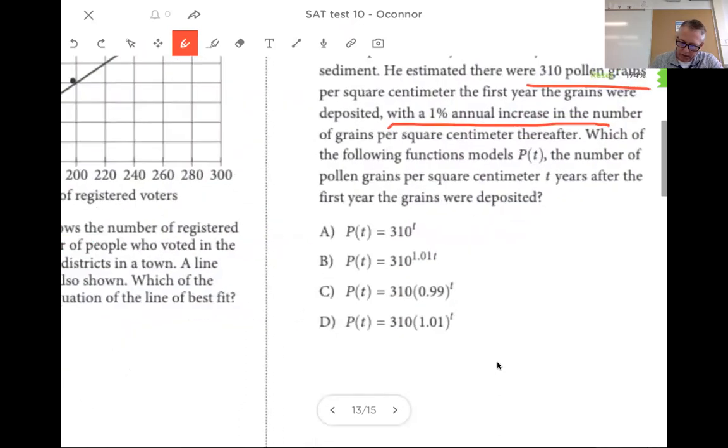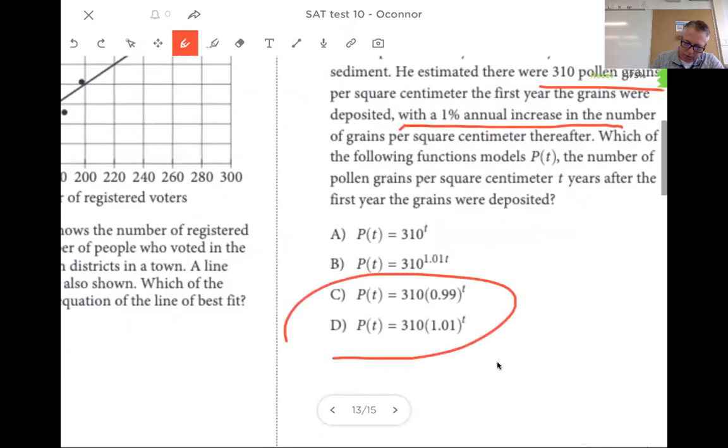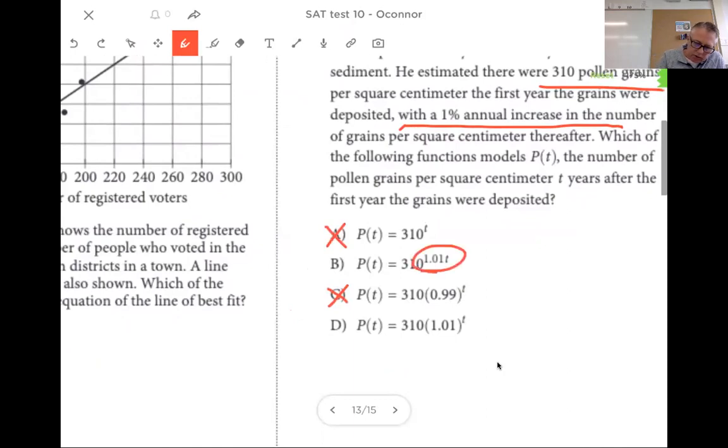If I'm looking at these 2 options, I can see that D appears as though it's going to increase, and C, because I'm multiplying by less than 1, is going to decrease. So I'm feeling C is not the answer. A does not look like it's going to increase, because this one certainly looks like it would increase.